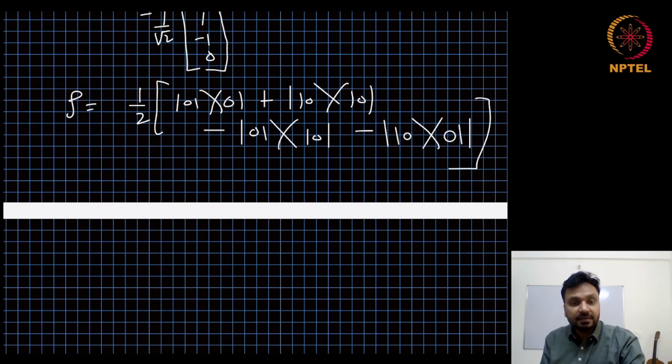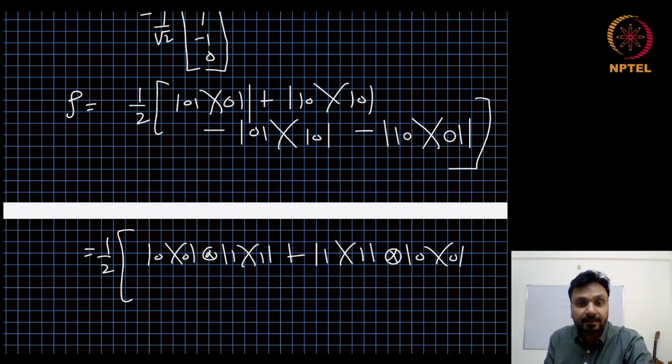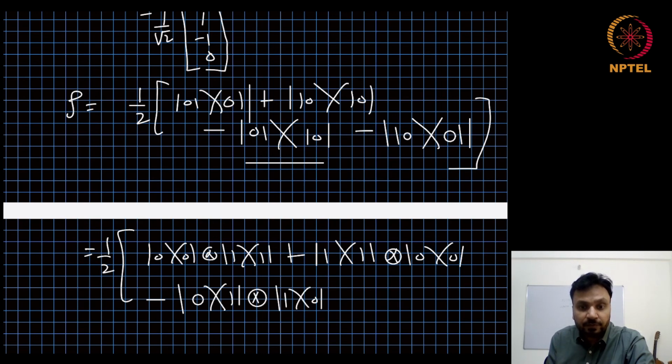We can write it in a simpler form: here we have 0 tensor 1, 1 tensor 0, and so on. So it can be written as 0 outer product 0 tensor 1 outer product 1, plus similarly 1 outer product 1 tensor 0 outer product 0, and this term minus 0 outer product 1 tensor 1 outer product 0, minus 1 outer product 0 tensor 0 outer product 1.